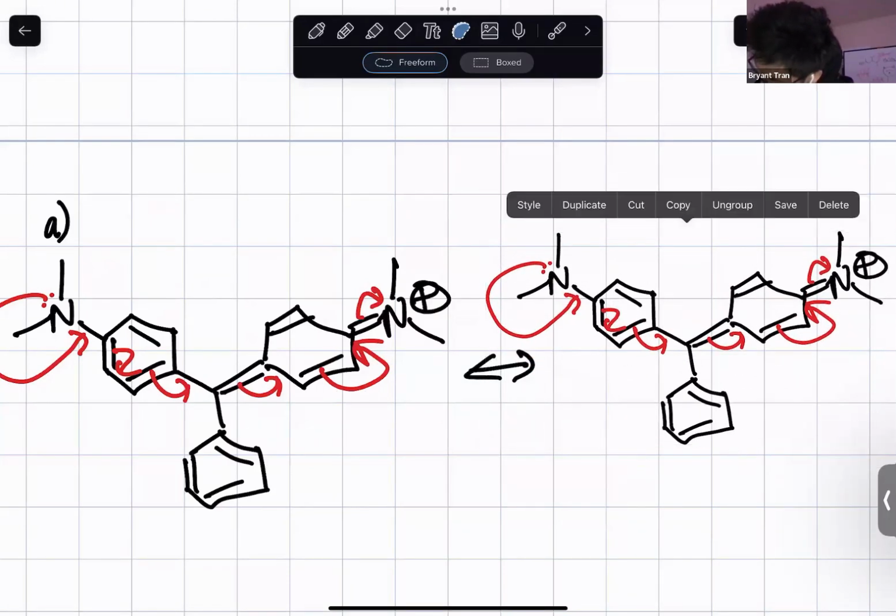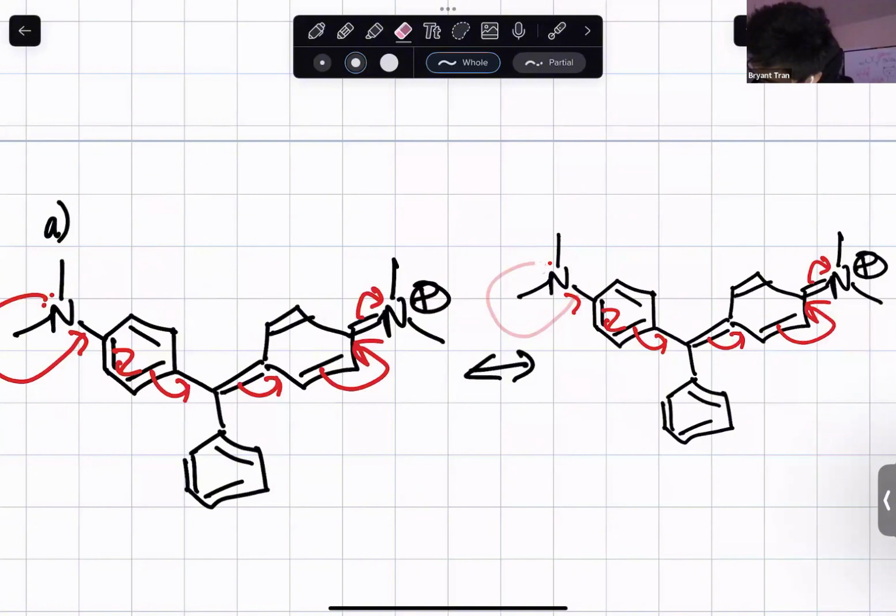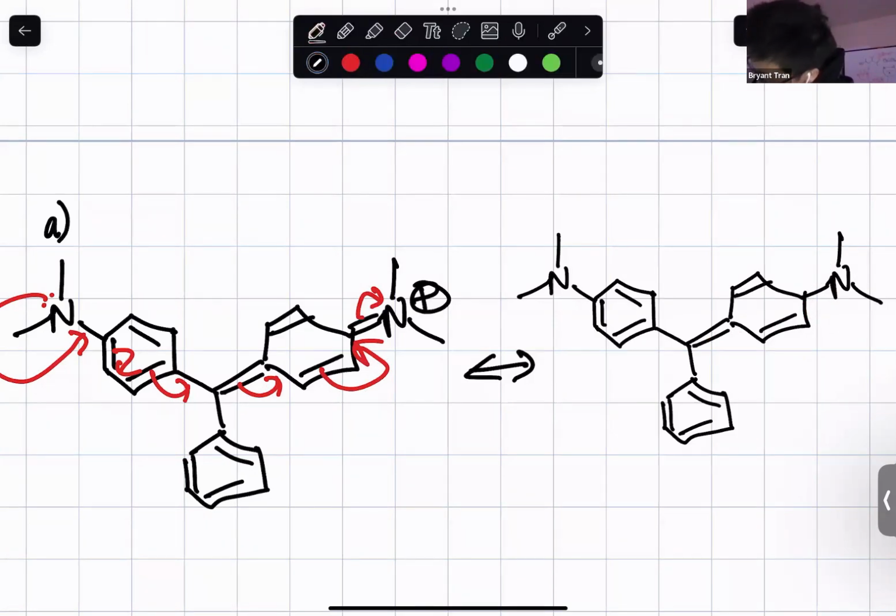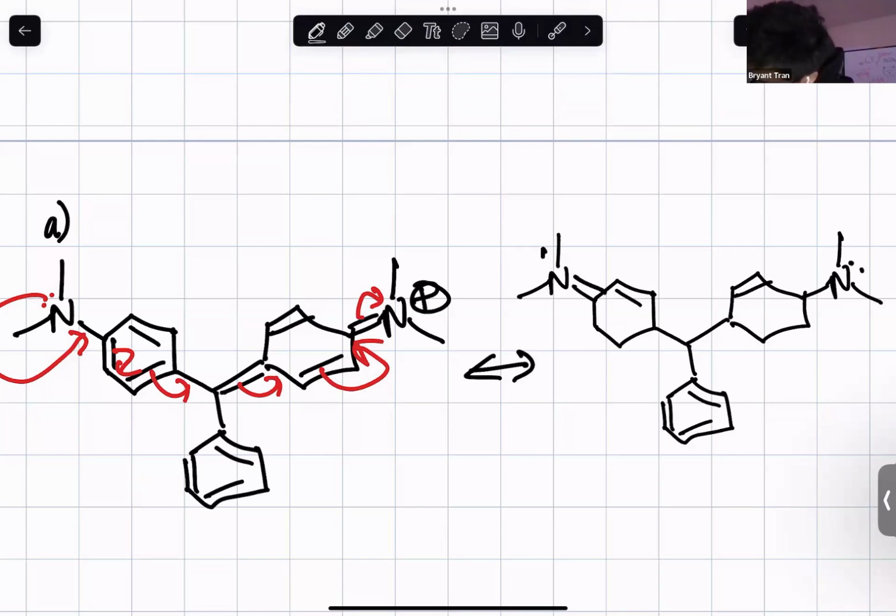That is correct. Erase all this. It's neutral. Double bond, positive charge, double bond, double bond, double bond.